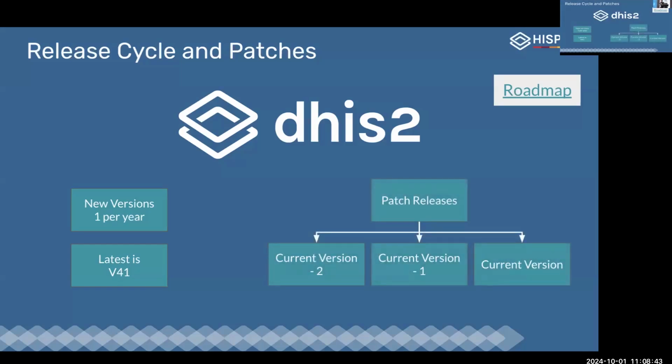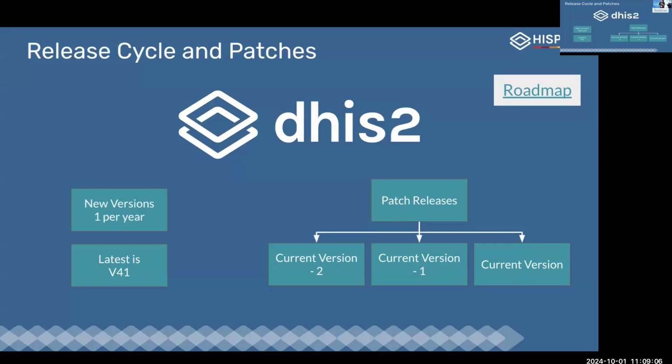So in addition to the annual releases, we also have what we call patch releases. The patch releases are meant to address things like bugs or implement small features that do not require a full version upgrade. And the patch releases support the current version plus the last 2 versions.